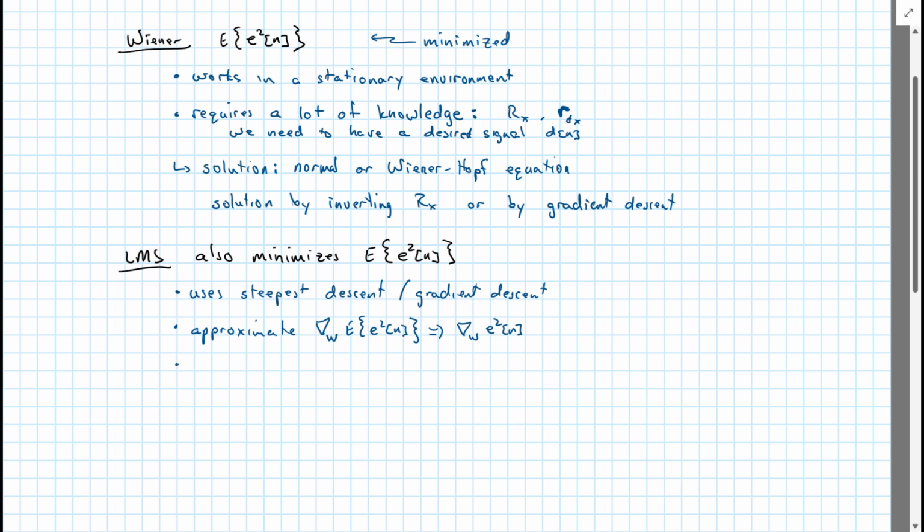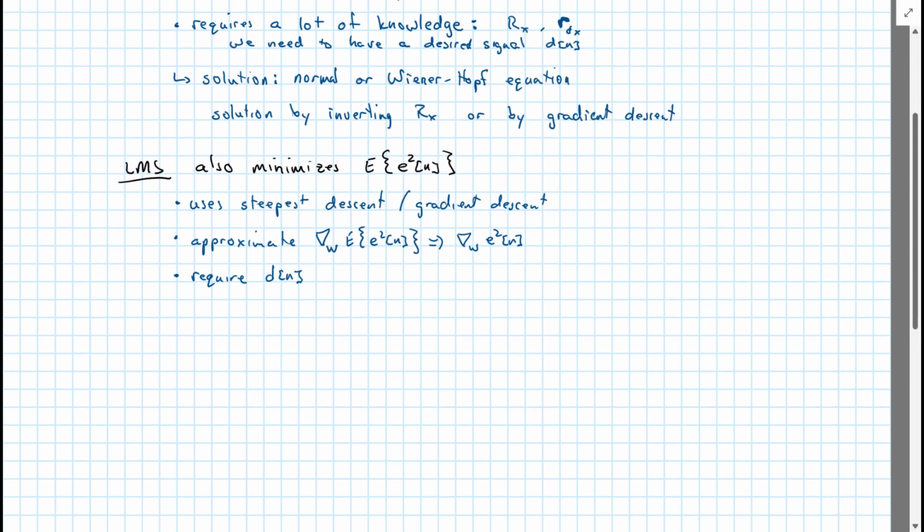Like the Wiener filter, we require a target signal. We've seen in some of our examples that the target signal may actually be derived from the input signal itself in some way, and so it can be quite flexible in how it's derived. But notably, we do not require Rx or Rdx.